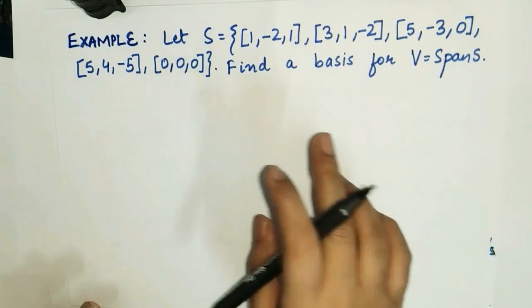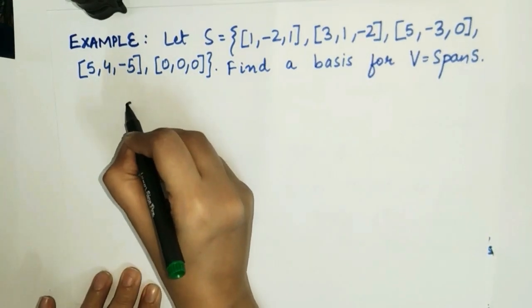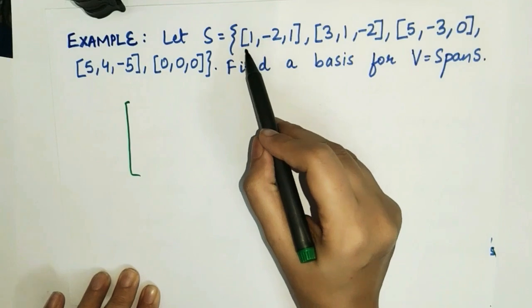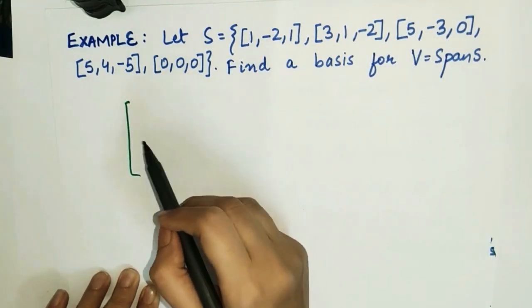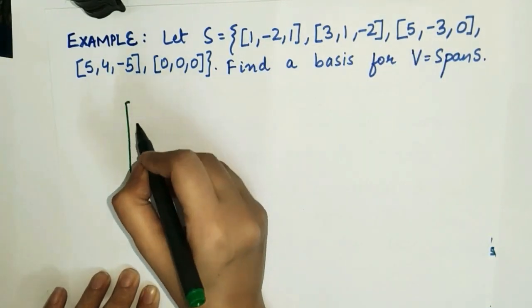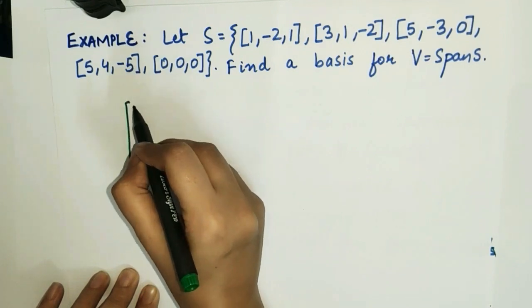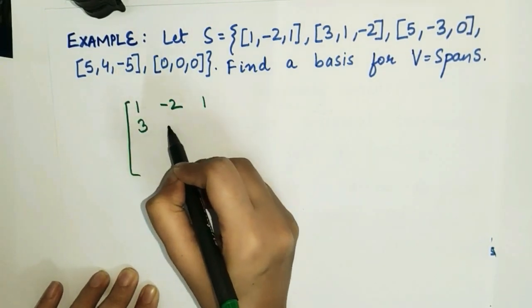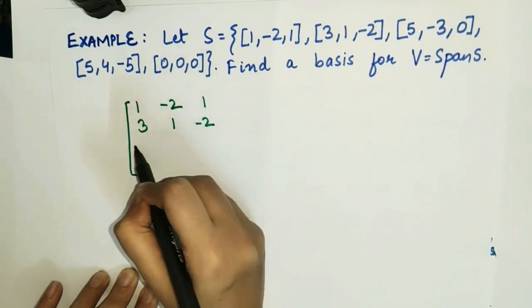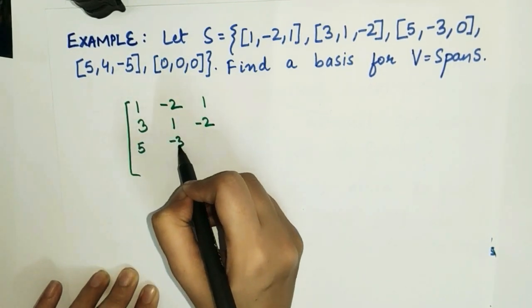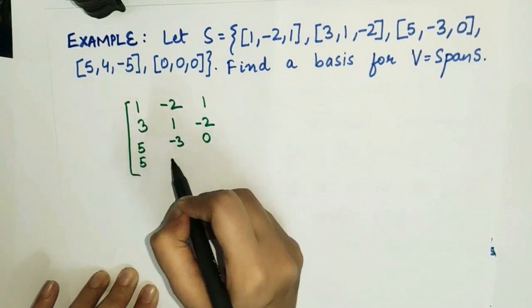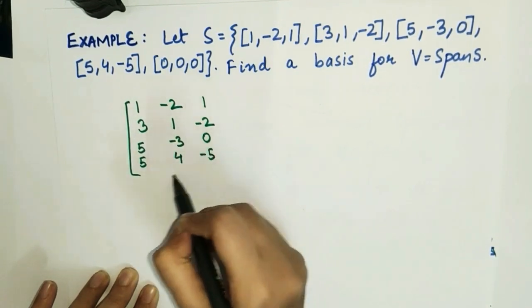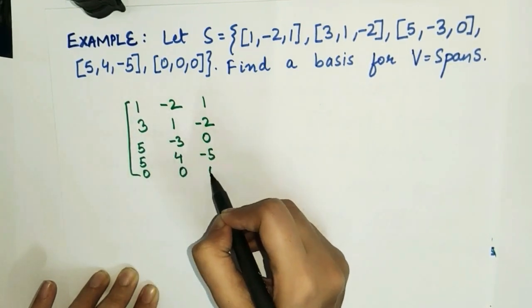Now here I am applying SSM. So I write down these vectors as rows. So I write these as 1, -2, 1, 3, 1, -2, 5, -3, 0, 5, 4, -5, 0, 0, 0.